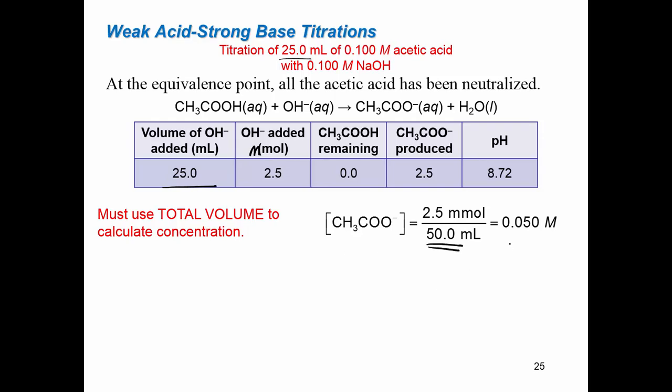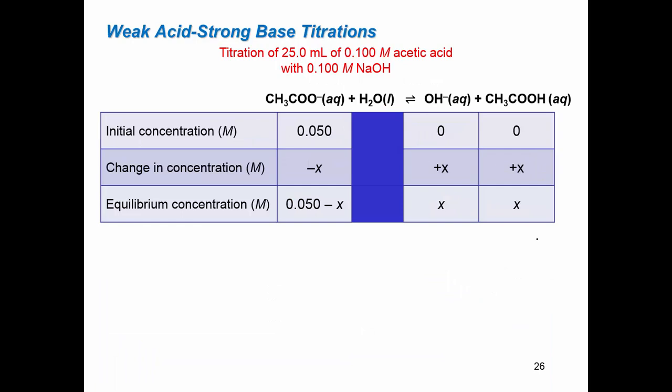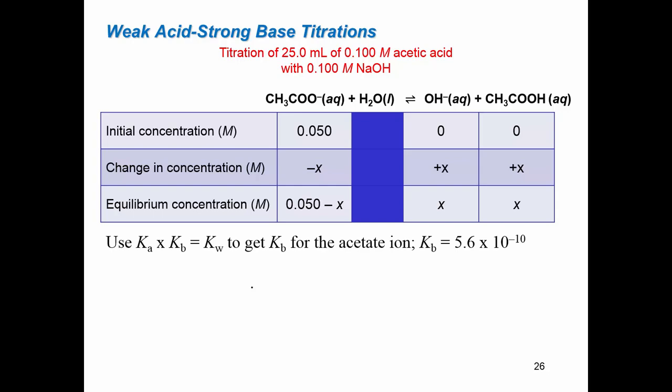So now we have to recalculate our concentration. You must use the total volume to calculate the concentration. So now, using that as an initial concentration, we are going to change that concentration because we are in an equilibrium. And we can calculate the concentration of our hydroxide ion by using the Kb.